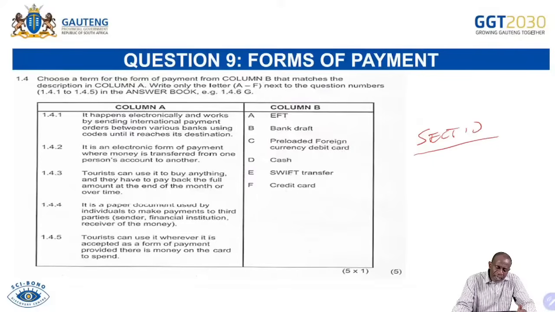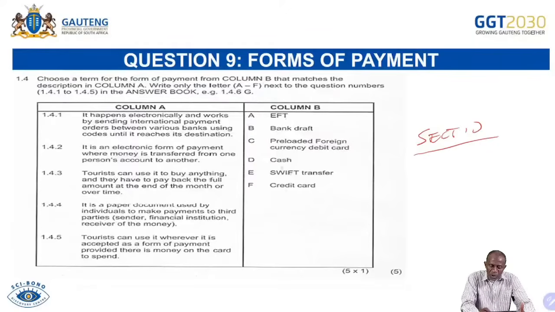So as you can see, 1.4.1 reads, it happens electronically and works by sending international payment orders between various banks using codes until it reaches its destination. So they want to know the form of payment, and by looking here, the form of payment that is represented by number 1, it is done electronically.